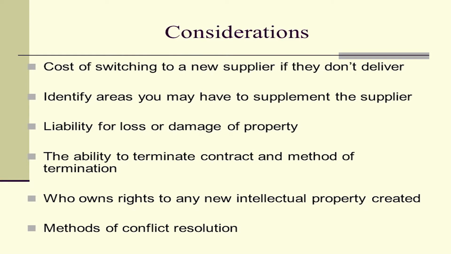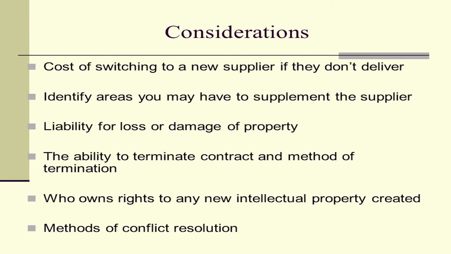And finally, you should pay particular attention to the financial implications of any contract you entered into. You should consider the cost of switching to a new supplier if they don't deliver, identify areas you may have to supplement the supplier, the liability for loss or damage of property, the ability to terminate the contract and the method of termination, who owns the right to any new intellectual property that's created, and the methods of conflict resolution.